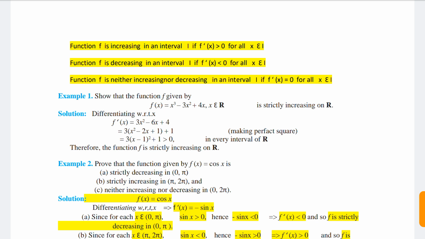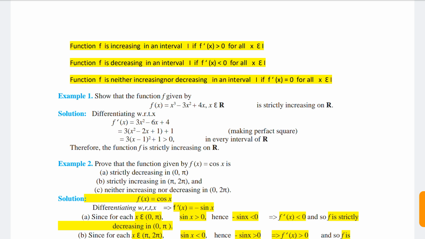So you get 3(x - 1)^2 + 1, and here we see 3 is positive, (x - 1)^2 is positive, and 1 is positive. So the total value will be positive, greater than 0. So the function is increasing in the real set.